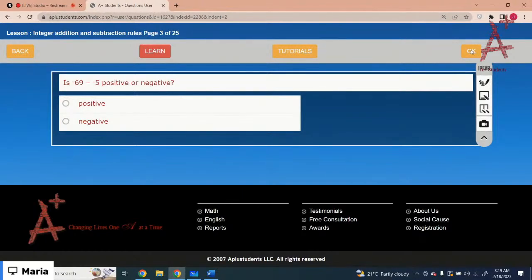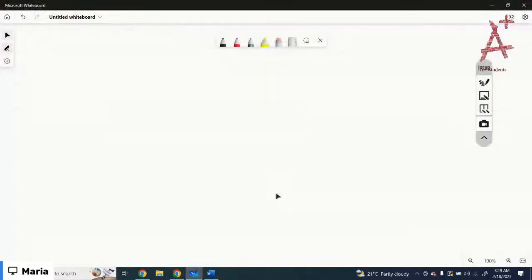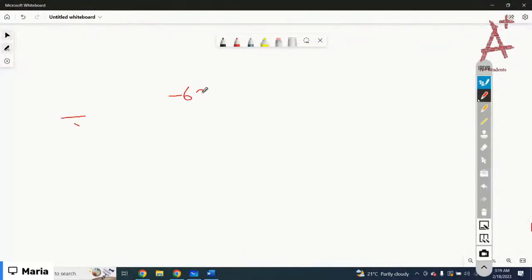Is negative 6 minus negative 5 positive or negative? Whenever you have a question like this, where you have two negative numbers together, like negative 6 and negative 5, keep a very important point in your mind.